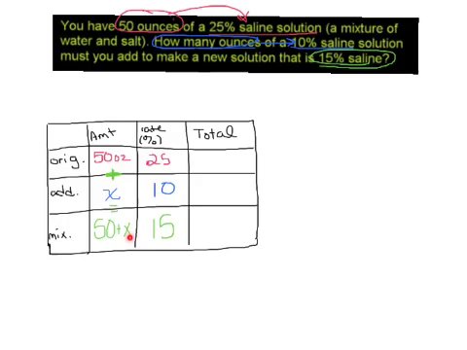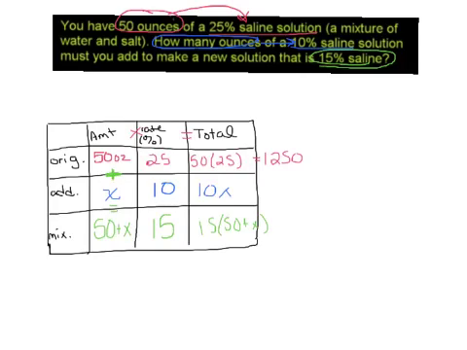Following what we talked about in the last slide, that the amount times the rate would equal the total, I would do 50 times 25, which is going to be 1,250. The 10x, I'm just going to leave as 10x. And the 15 times the 50 plus x, I'm going to leave as 15 times 50 plus x.